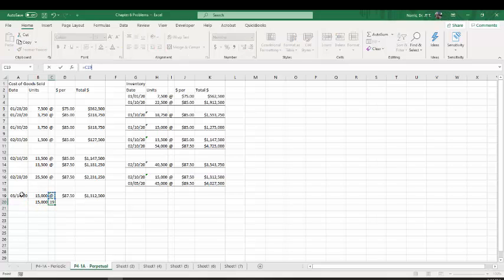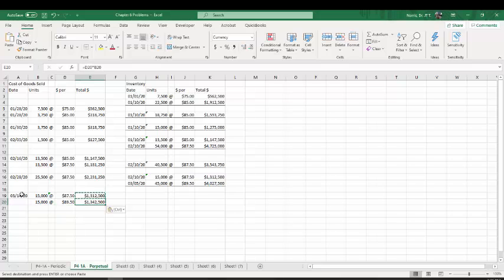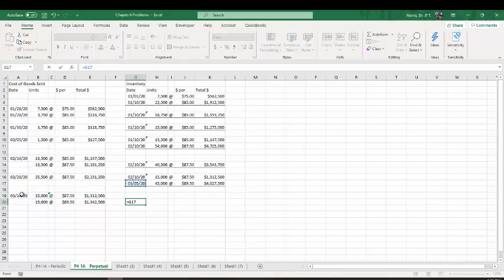That leaves us 15,000 to identify, and that comes from the purchase that we made on March 5th, for a total of $1,342,500. What does that leave us? That leaves us just some left over. We had 45,000.